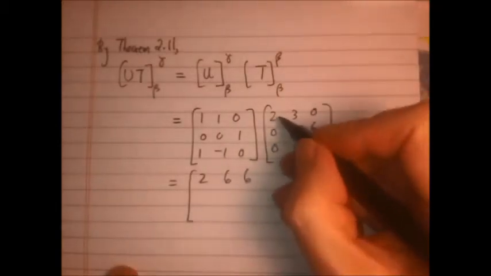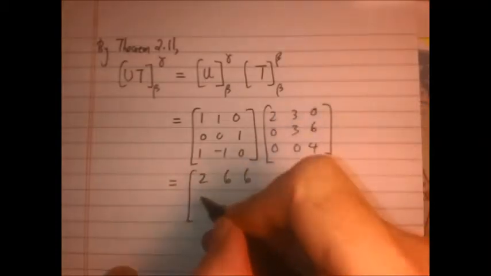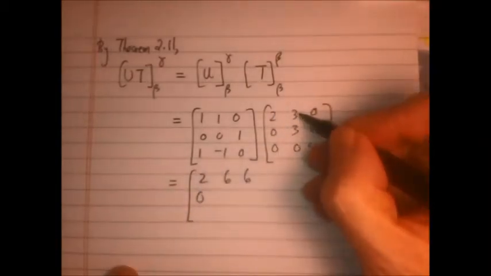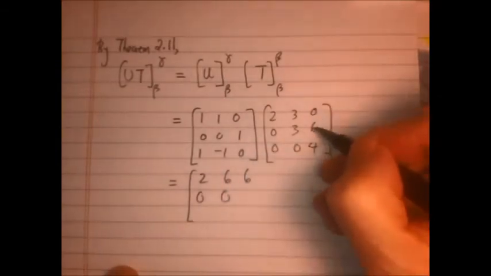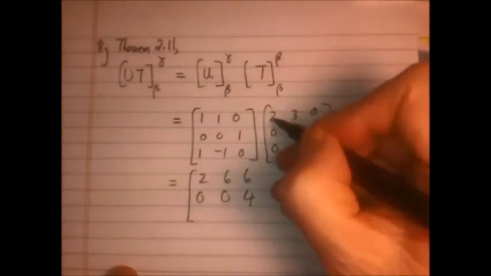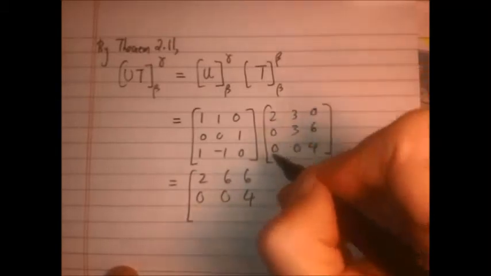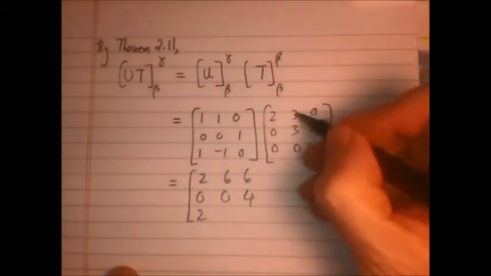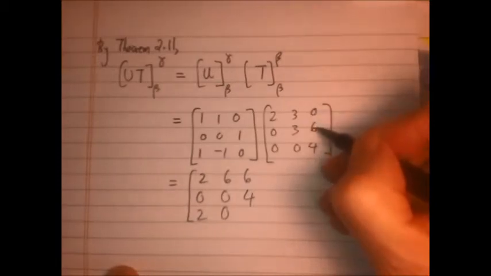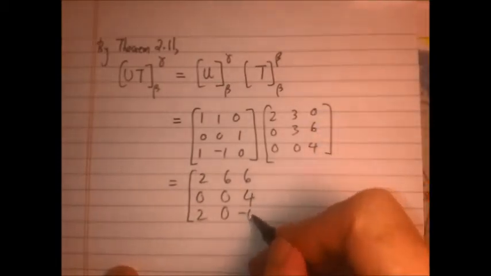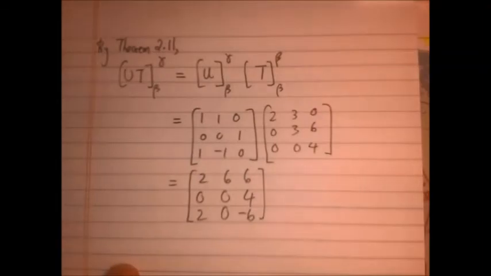Then next we'll have 0 plus 0 plus 0. Then we'll have 0 plus 0 plus 0. Here we'll have 0 plus 0 plus 4. Here we'll have 2 plus 0 plus 0. Here we'll have 3 minus 3 plus 0. And here we'll have 0 minus 6 plus 0. And that gives us our matrix.